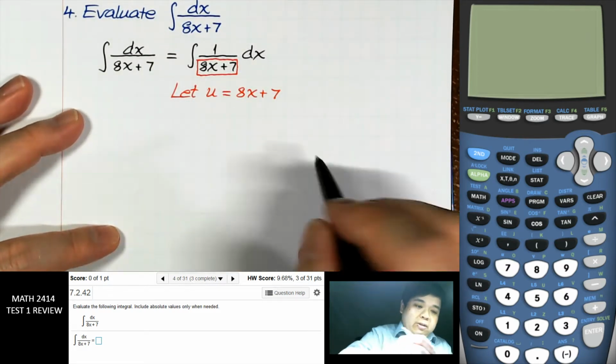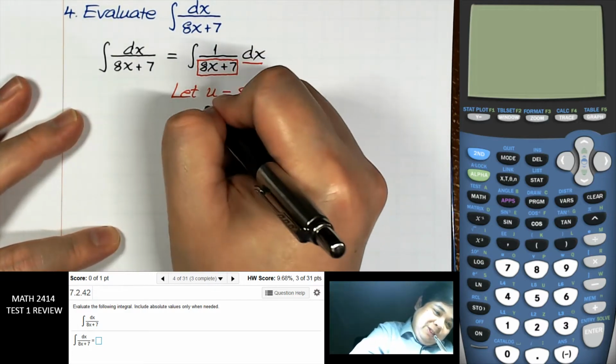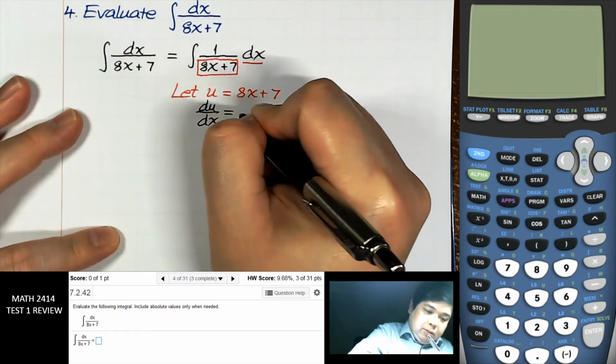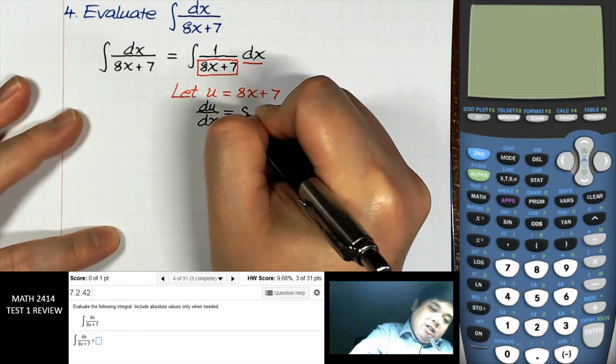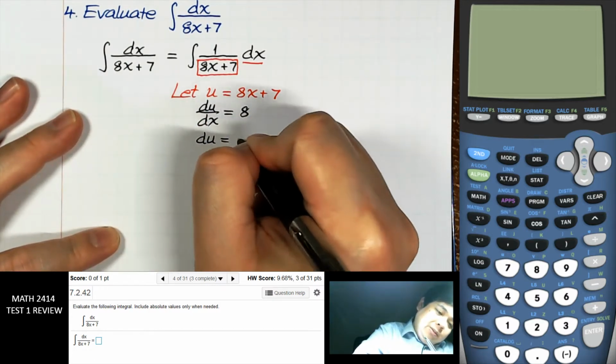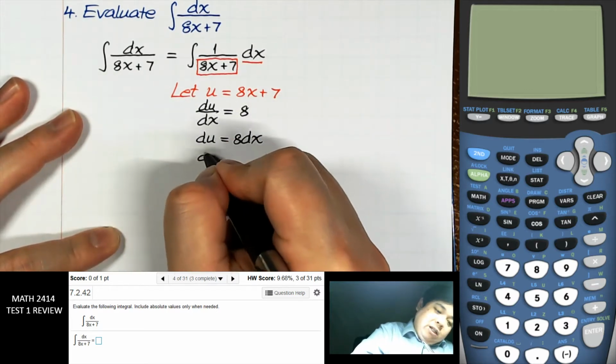I will take the derivative and then solve for dx. Derivative of that is just 8. Move the dx over and then divide by 8.